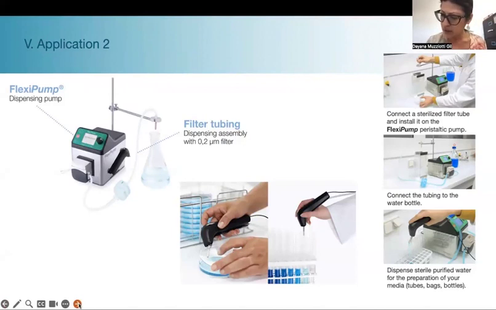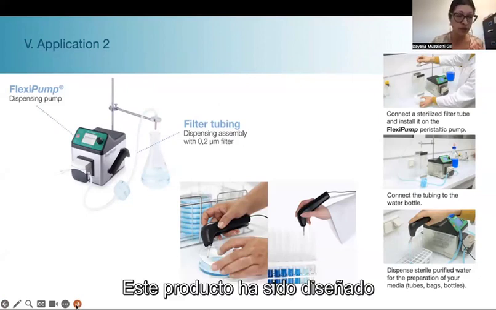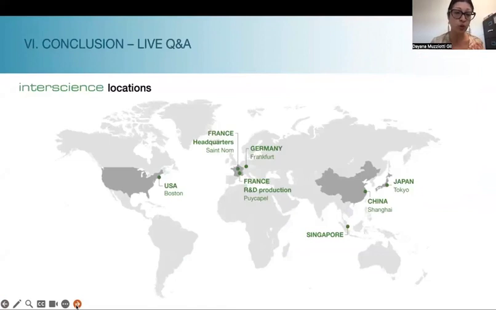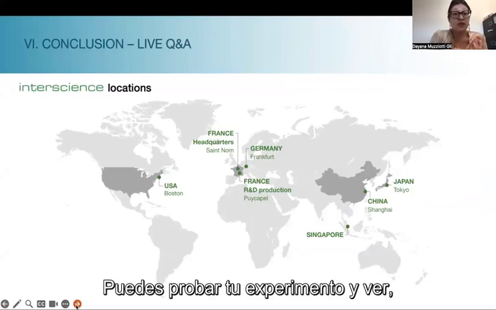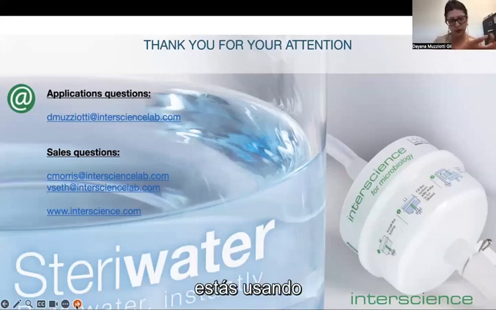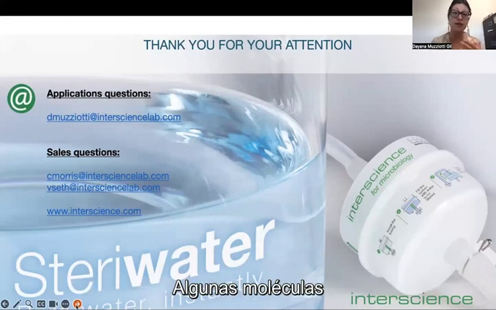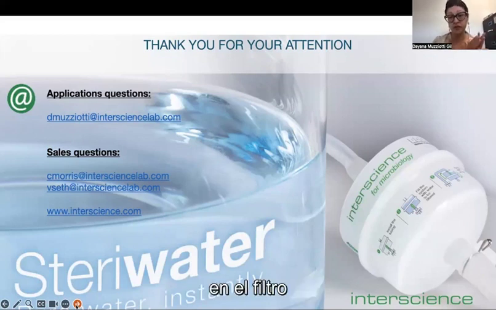Can I use the steady water to filter something different than water? This product has been designed to filter water. You can try it in your experiment and see, but just be aware that depending on the liquid you are filtering, some molecules can get stuck on the filter.